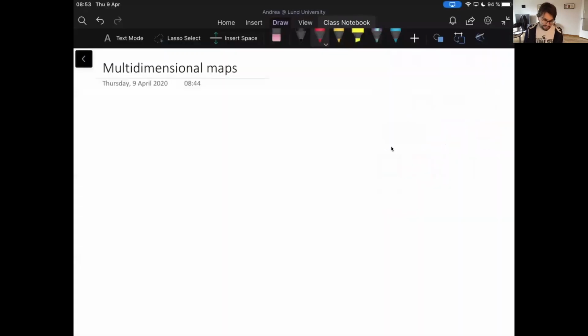So from this qualitative point of view, we've seen that one-dimensional maps are something simple. It's just the description of the status at a given time step with respect to the status of the previous time step.